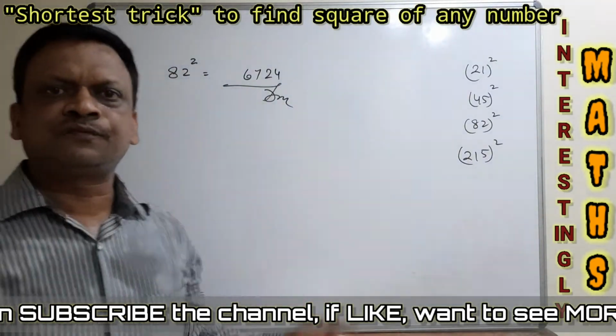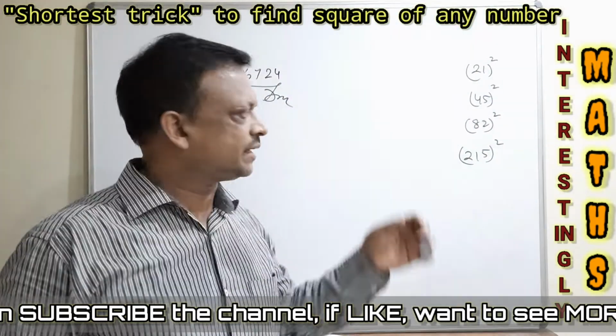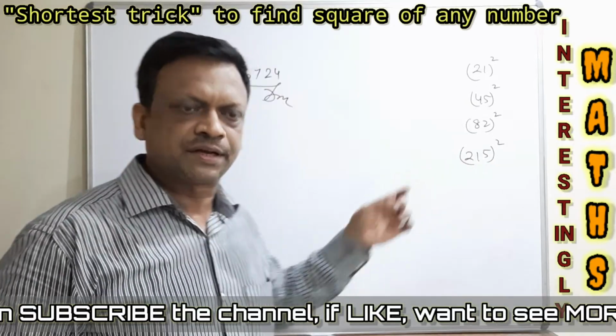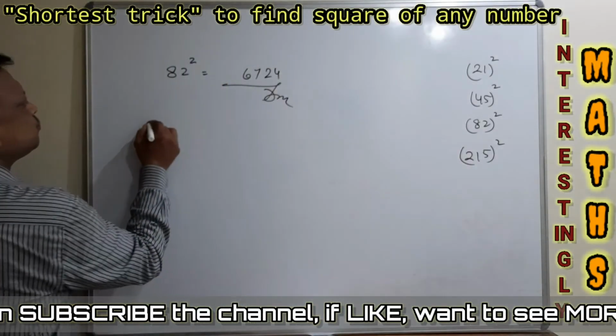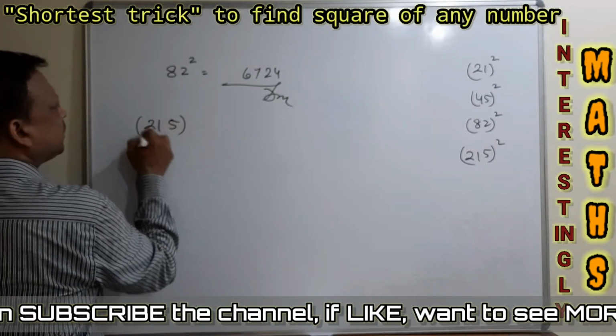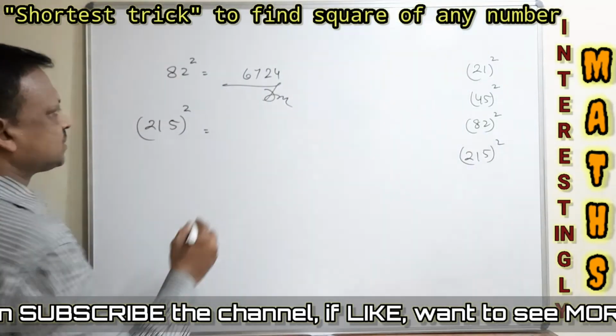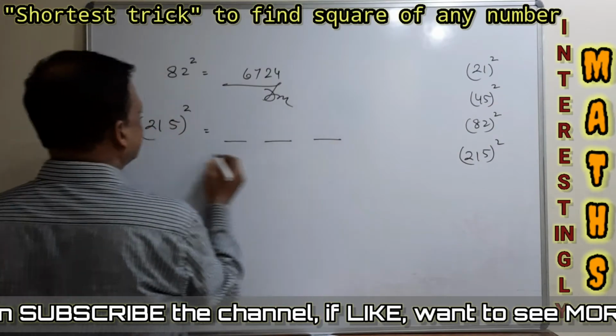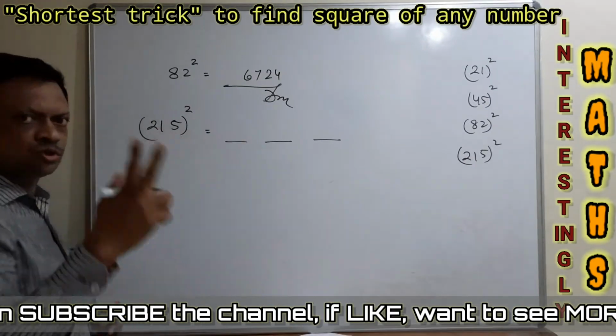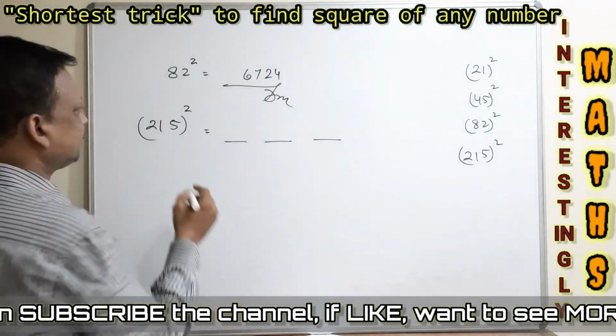Now, the square of a 3-digit number, that is 215, for example, I have taken it here. It is 215 square. So for this, I'll again make three places, 1, 2, 3. I'll divide this number into 2 parts, that is 21 and 5.